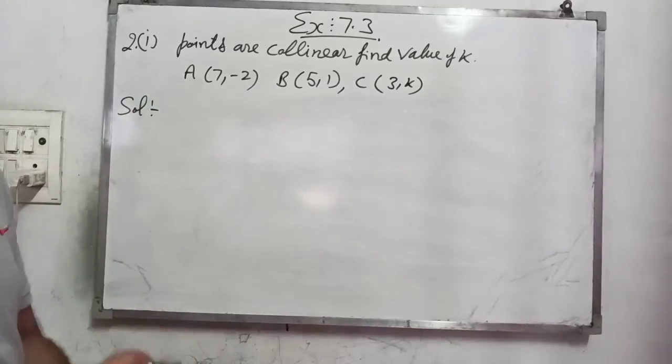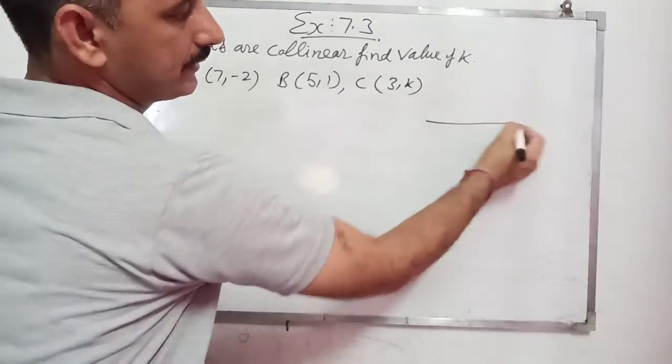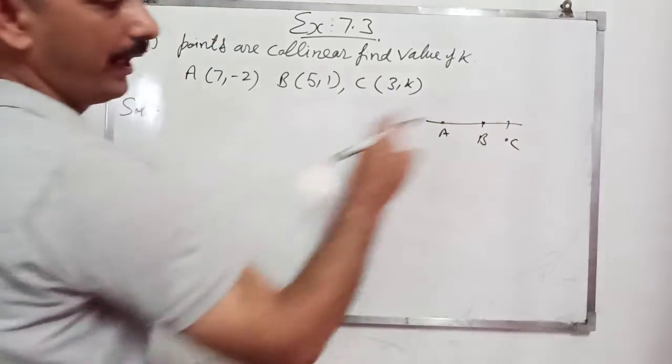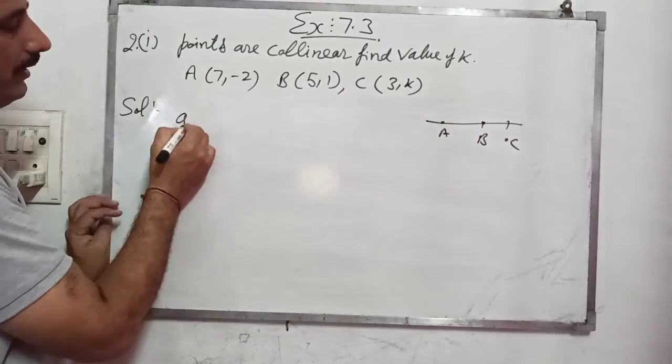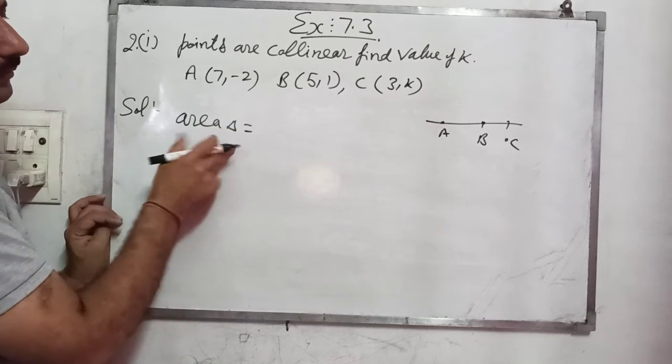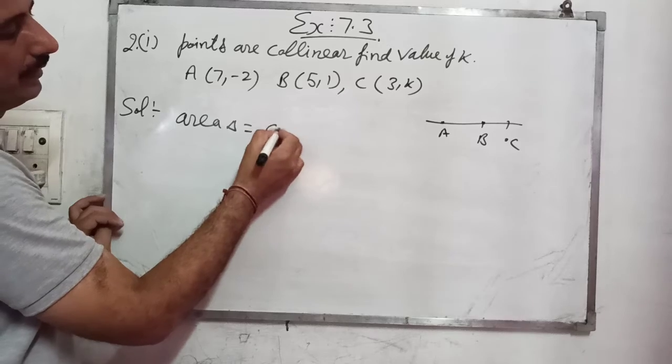The points are collinear. Collinear means they are lying on the same line. If they are lying on the same line, it means the area of the triangle is equal to 0.